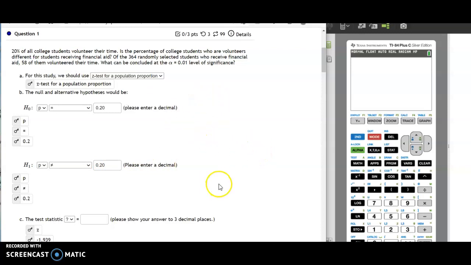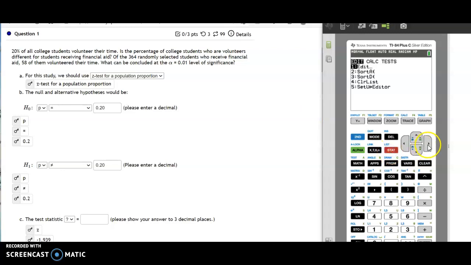Okay, so we decided that this was a one prop z-test. That's kind of what this means up here. So if we go on the calculator, we are going to pull up the one prop z-test. Okay, P0, that's the number that came from your null hypothesis.